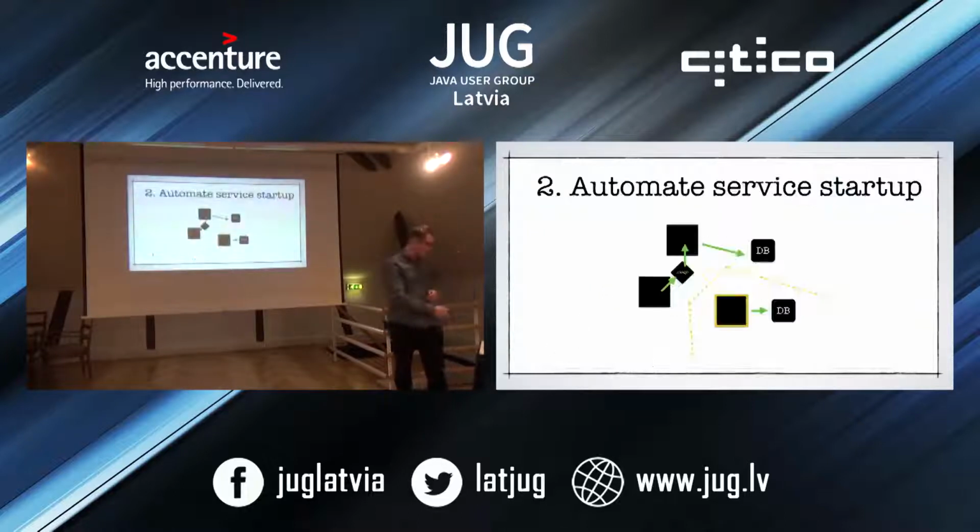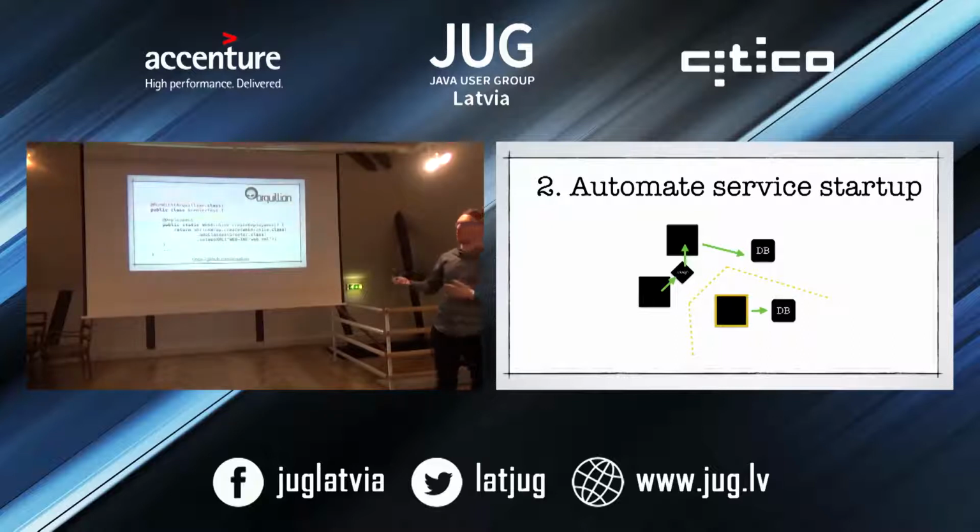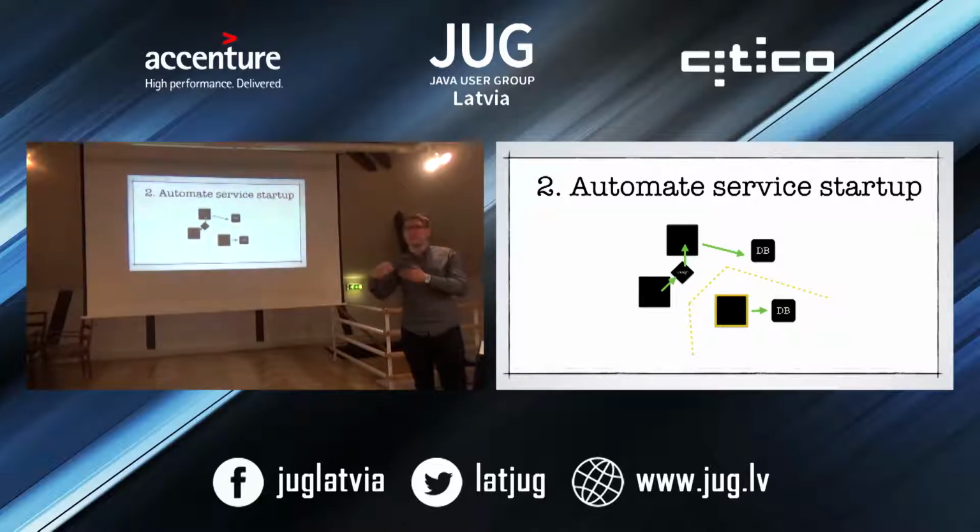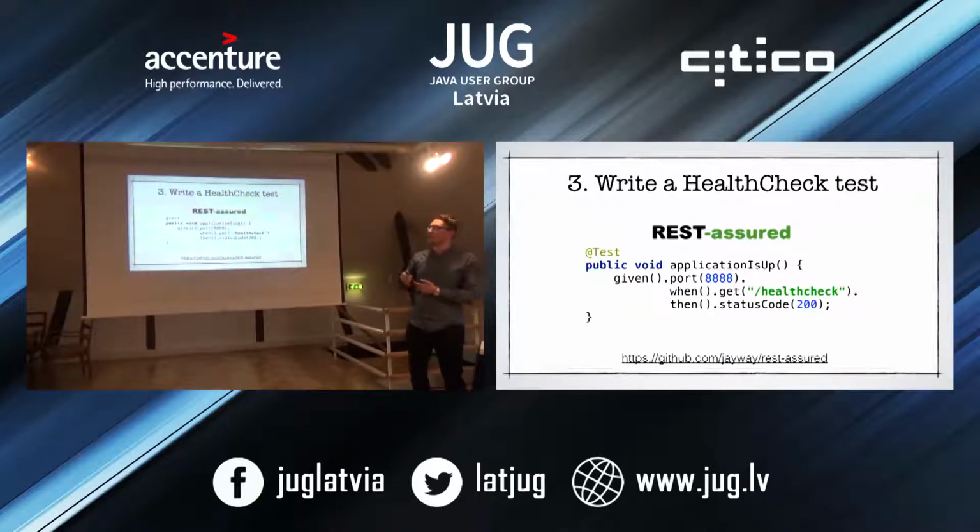So, what next? Now we have our application started up in test, because Arquillian is also used in test. You see the standard JUnit annotation RunWith. So we have our context of application that is serving HTTP calls during the test phase. So now we just need to write tests.